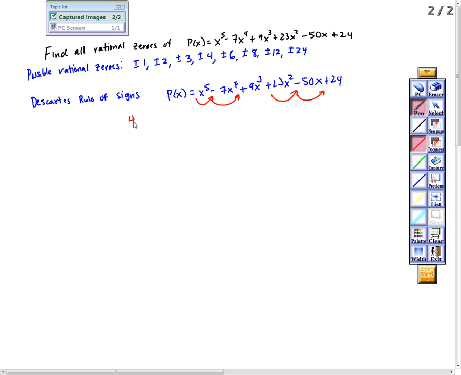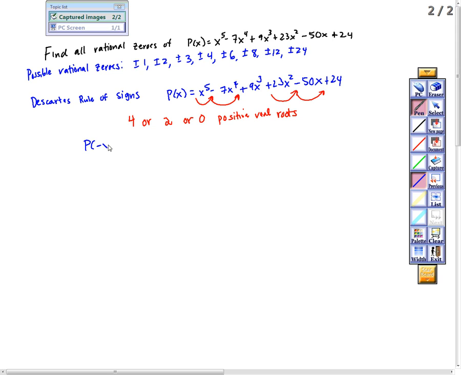So that means there are 4, or remember, if you have a sign change, you subtract by 2 each time down to 0. So 4 or 2 or 0 positive real roots.